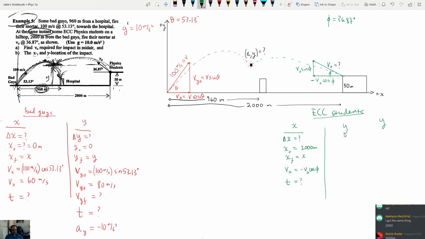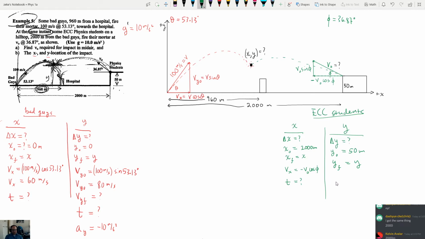Okay, now we can do the y direction. In the y direction, we've got delta y, which we don't know, but we do know y initial is equal to positive 50. And y final is going to be what we're calling y, the final location of impact right here.